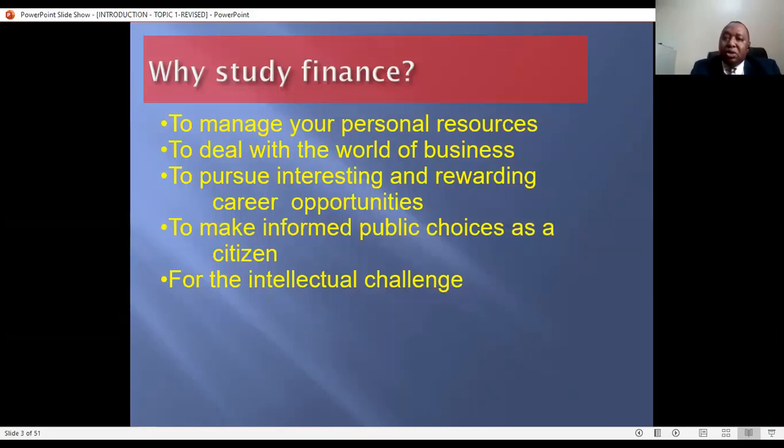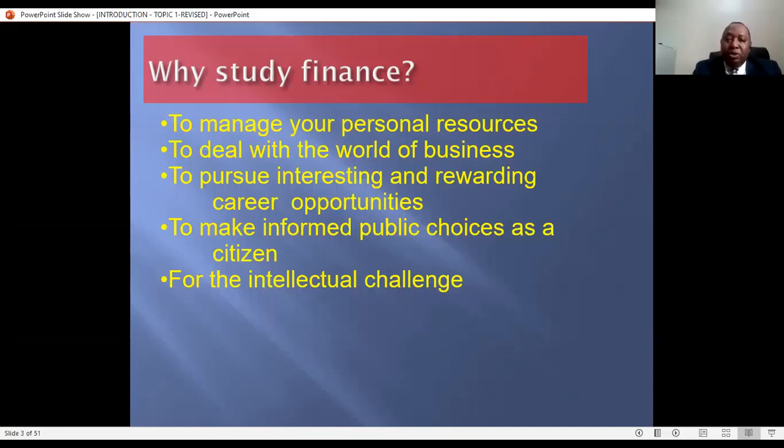Sometimes you want to know how to generate funds personally, how do you allocate, or how do you manage your own monies? The monies you get when you earn salaries. Some of you are students, purely you get allowances. How do you manage those allowances? So finance can help you to do this. It will help you to prioritize the uses against the sources of the money that you have.